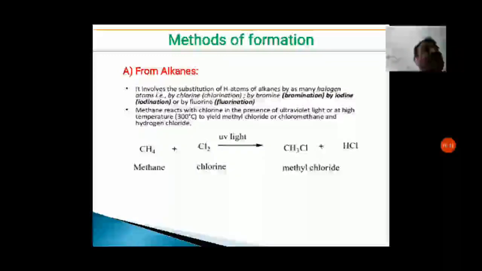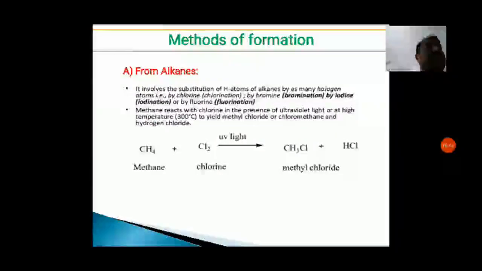Okay, if the reaction goes on, all the hydrogen atoms from the alkane get replaced by the halogen atoms. So this is the example where we get methyl chloride. The reaction may continue further till all the hydrogen atoms of this methane get replaced by Cl, but we are going to see here only the preparation of alkyl halide.